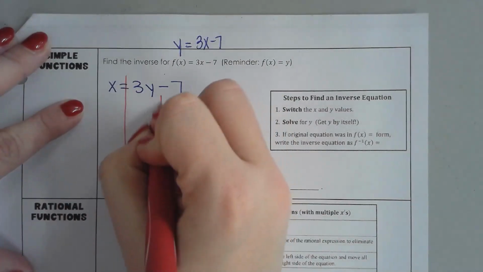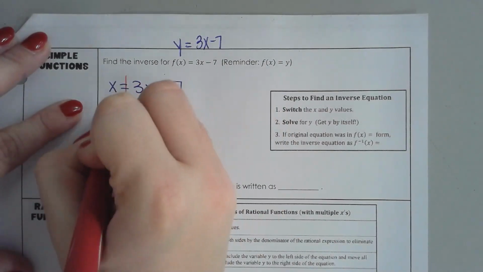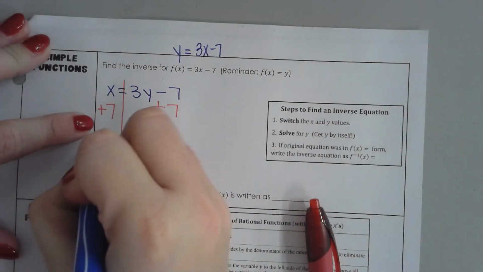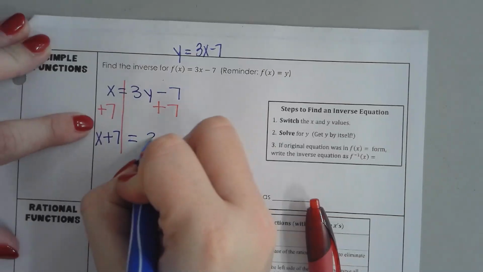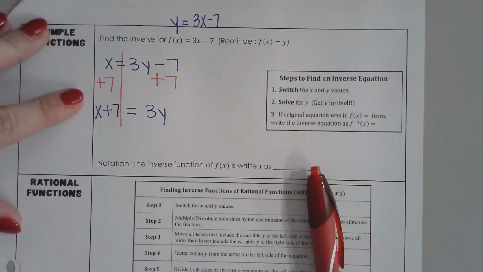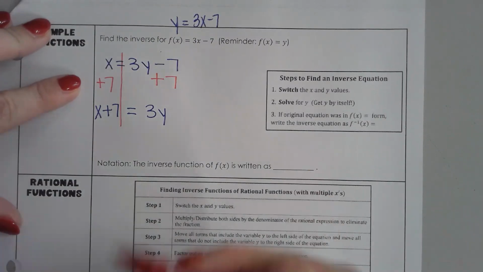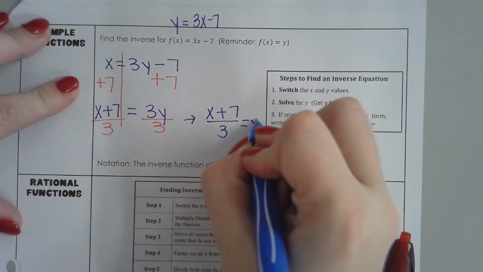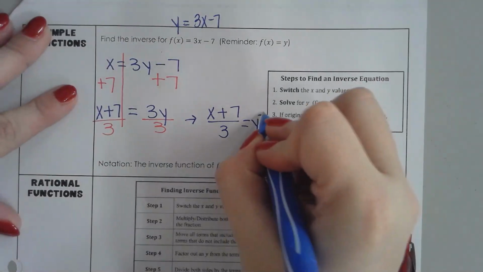I would add 7 to both sides, which makes x + 7 = 3y. And then I would divide both sides by 3 to get (x + 7)/3 = y, but I'm going to call that y inverse.